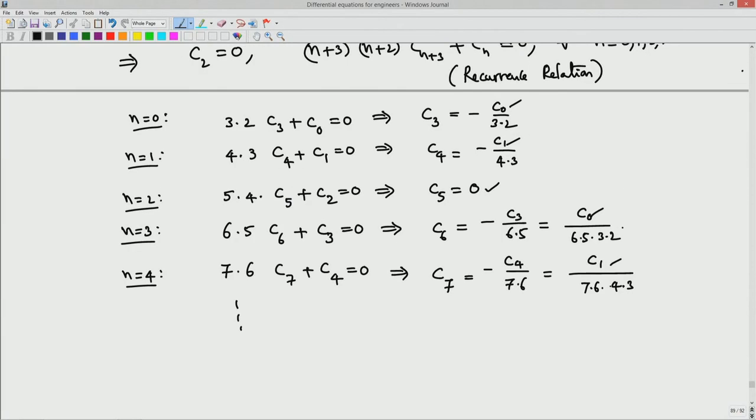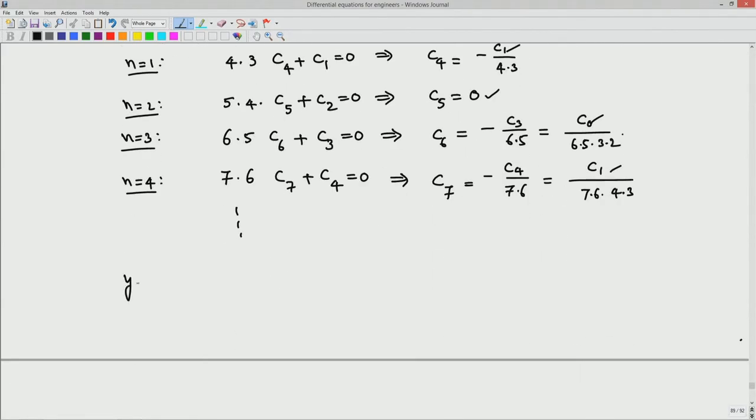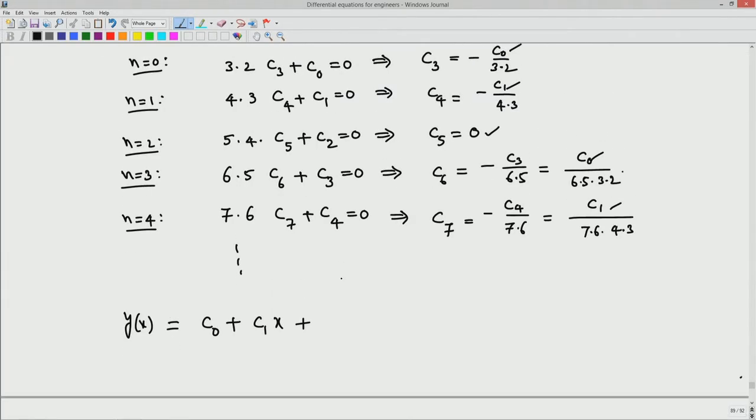Okay. So, you can now go back and substitute into your y(x). y(x) is C0, I do not know, C1, I do not know, C1 x, C2 is 0, C3 is what? C3 is minus C0 by 3·2 x cube. C4 is minus C1 by 4·3 x power 4.